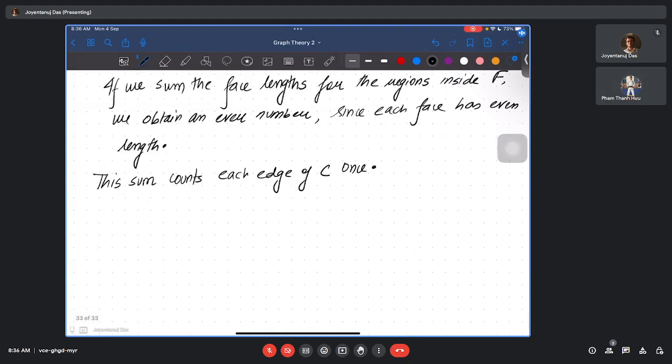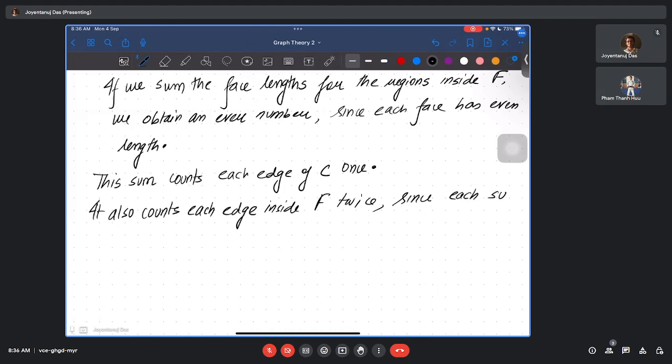Now it also counts each edge inside F twice, since each such edge belongs twice to the faces in F.